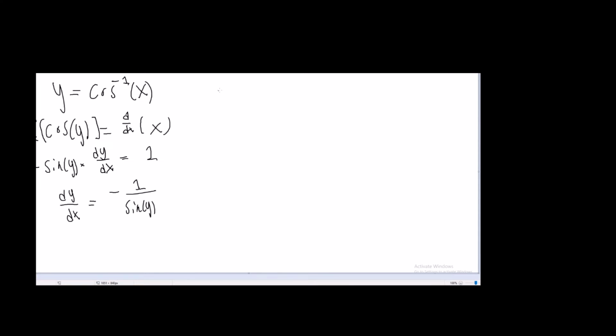Then you can apply the same formula again, because sine squared of y plus cosine squared of y is equivalent to 1.